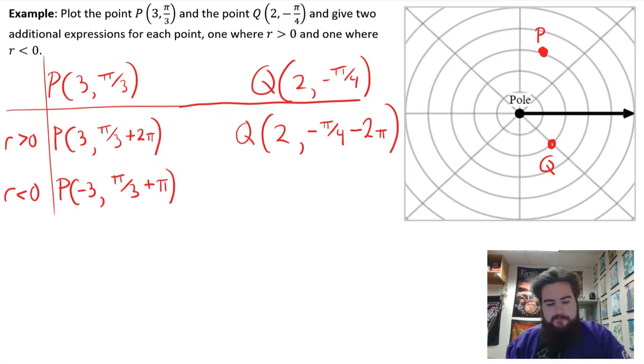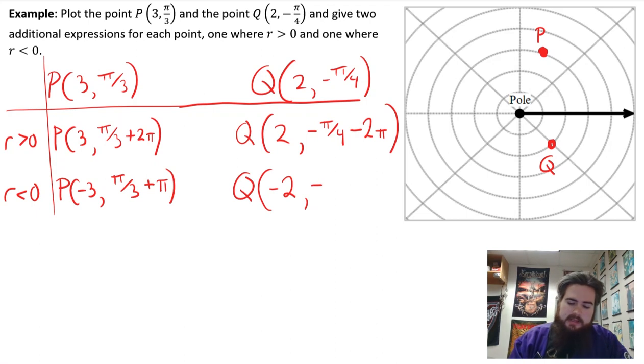Really up to you. Or if I want r to be less than 0, let's make r negative 2 this time. If I have a directed distance of negative 2, so I'm walking backwards, then I want to face in the opposite direction of where I'm currently facing. Meaning I can take negative pi fourths and add pi like I did in the previous case for P, or you could also subtract pi.